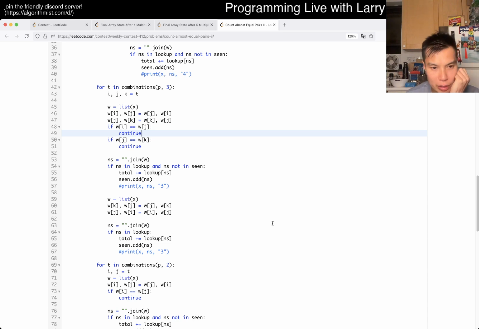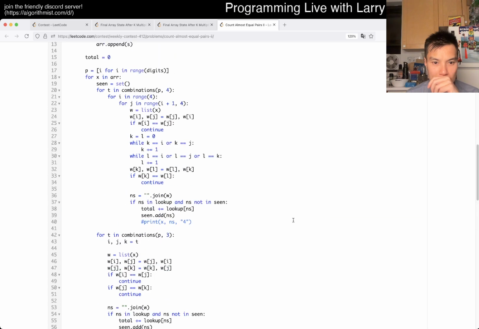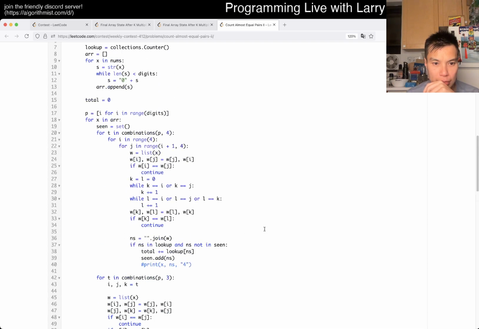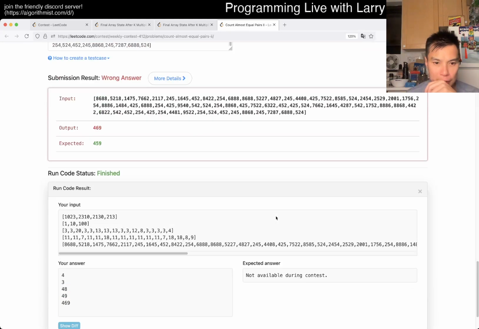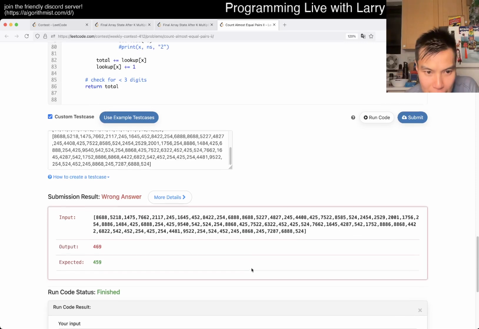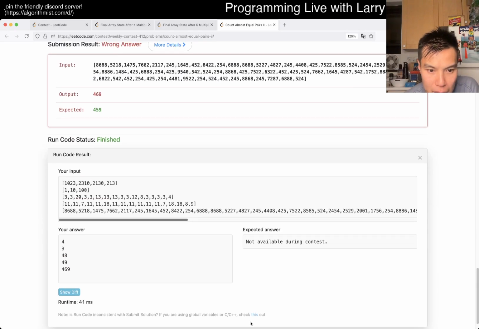I'm overcounting though. And this part should be the same. Where am I overcounting though? I don't have enough time to debug this. This is a disaster.